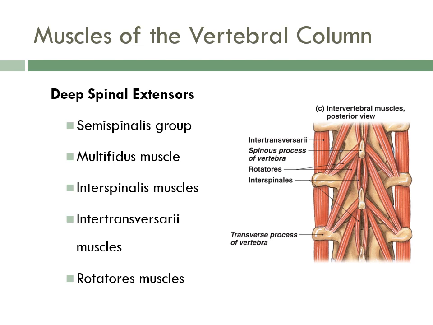Now we have our deep spinal extensors. So our semispinalis and multifidus go from transverse process to spinous process. We're not really showing those very well here, but they go from transverse process to spinous process. Our interspinalis muscle is between the spinous processes.